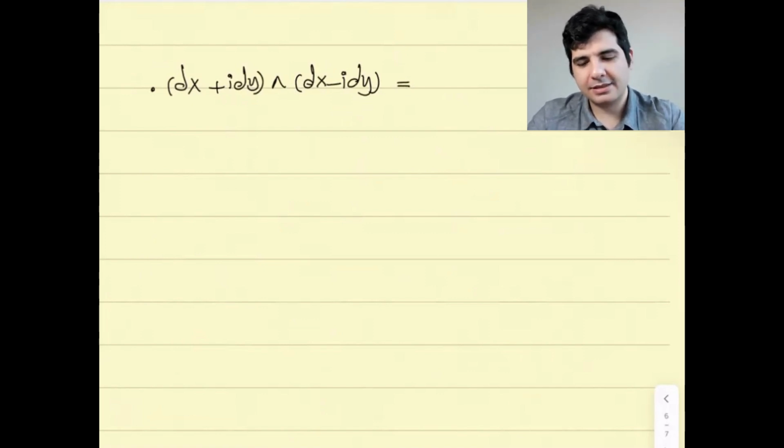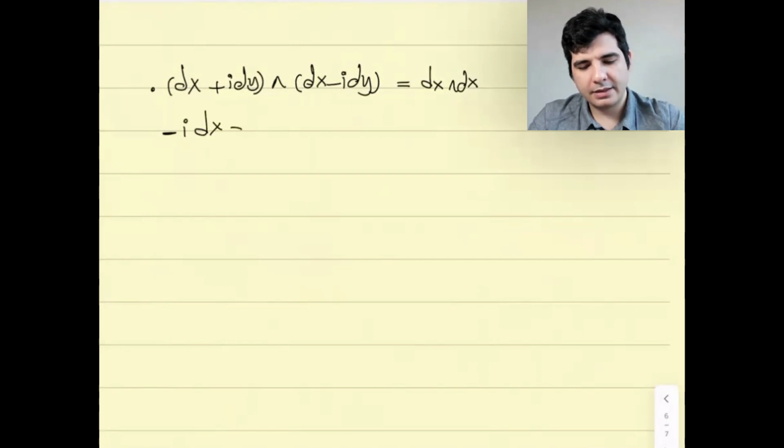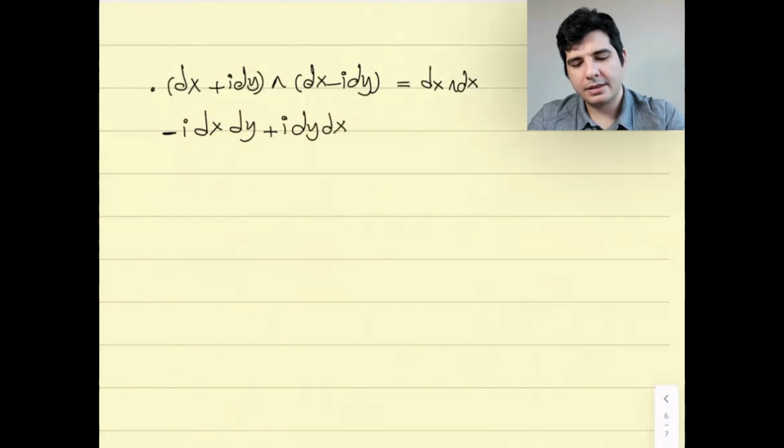We have dx wedge dx, which is by definition 0, minus i dx dy, plus i dy dx, minus i squared, which is minus 1, dy dy.